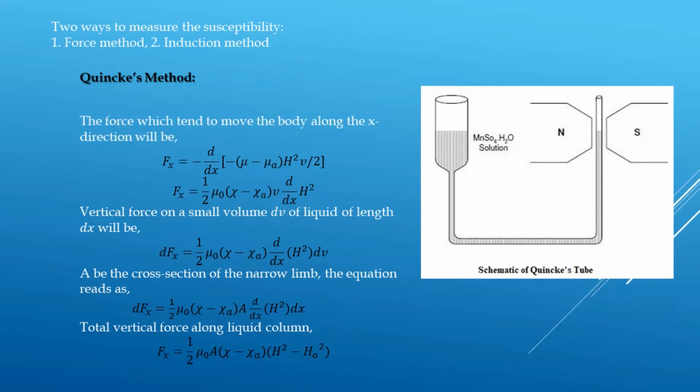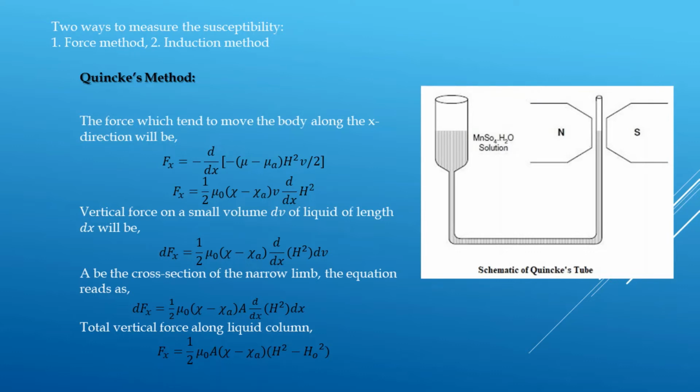That would be minus the derivative of the potential energy. So here we take fx, that is equal to minus d/dx of minus mu a into h square v by 2, right?